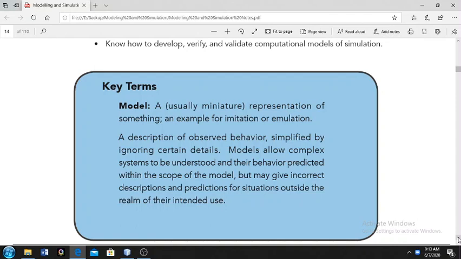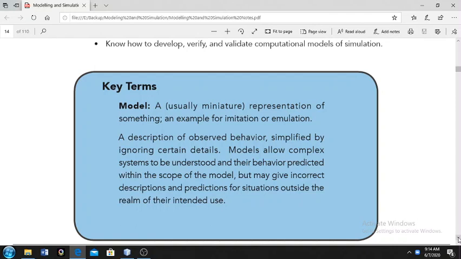Models allow complex systems to be understood and their behavior predicted within the scope of the model, but may give incorrect description and prediction for situations outside the realm of their intended use. So what you should understand is that the model is a simplified representation of the reality.